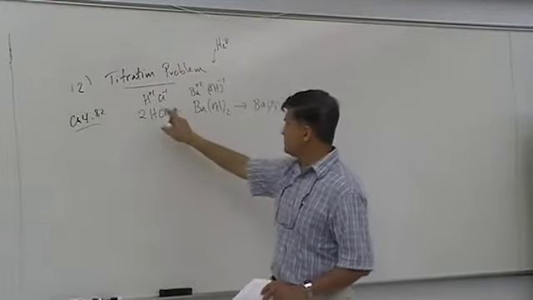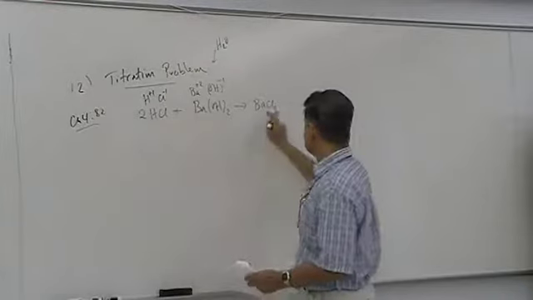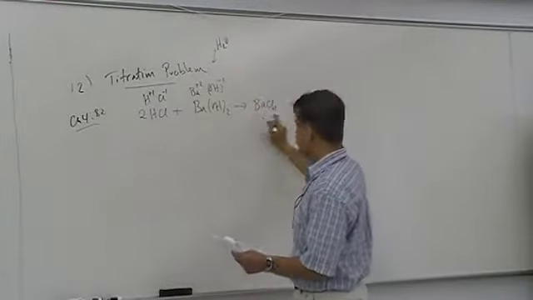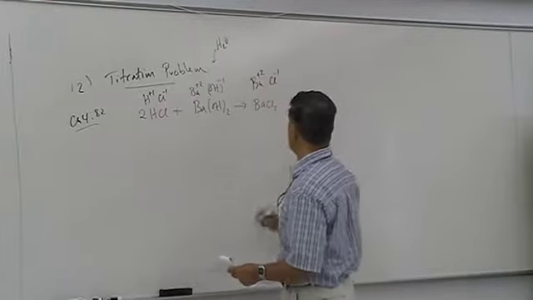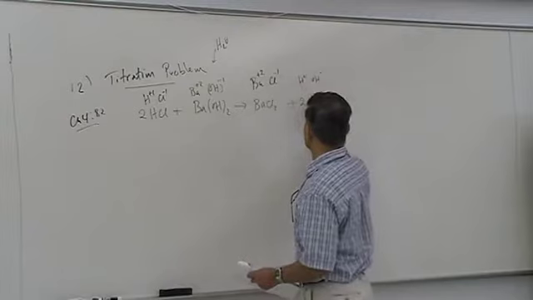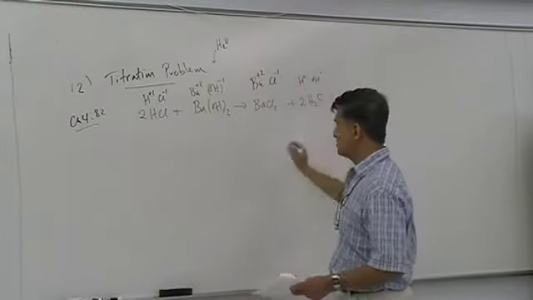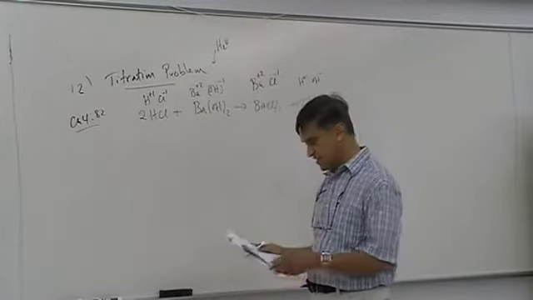Now in a double displacement reaction, hydrogen takes the place of Ba, and Ba takes the place of H. So this is how you get BaCl2. Ba is plus 2, Cl is minus 1, and this is coming from H plus and OH minus. Then I balanced it. That's how we got 2 here in front. You'll always have to begin with a balanced reaction.